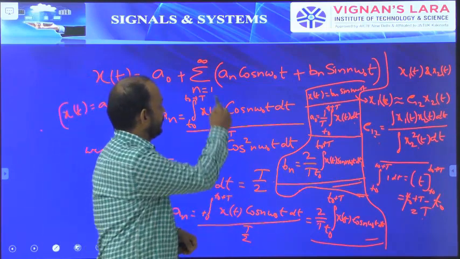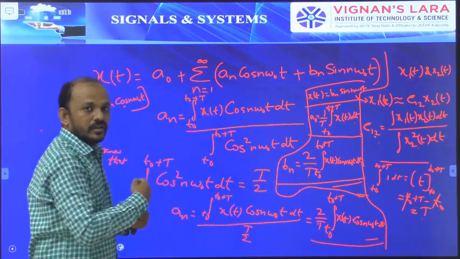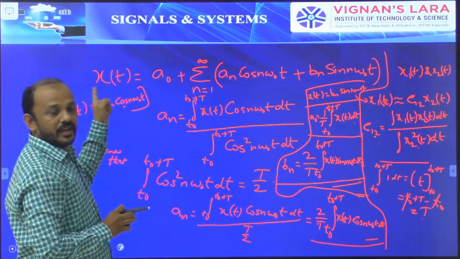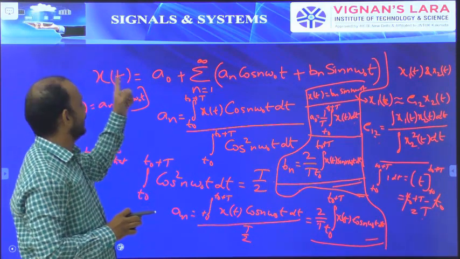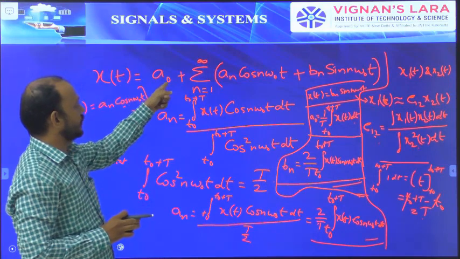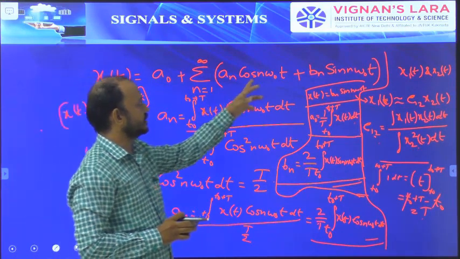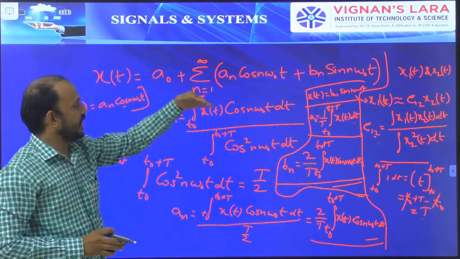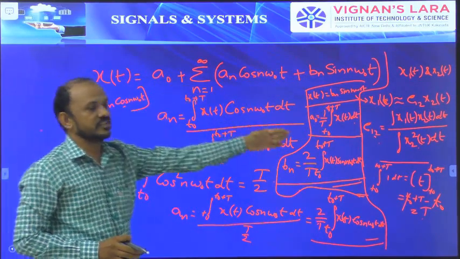From that I got the trigonometric Fourier series expression for a continuous time periodic signal, given as x(t) equal to a0 plus summation n equal to 1 to infinity of an cos n omega naught t plus bn sin n omega naught t.